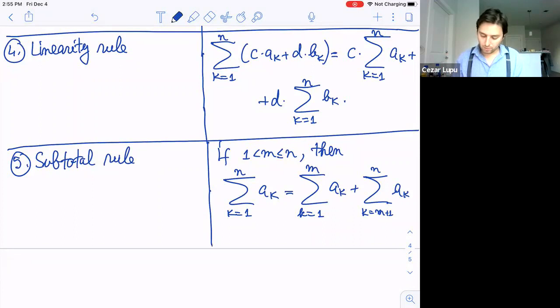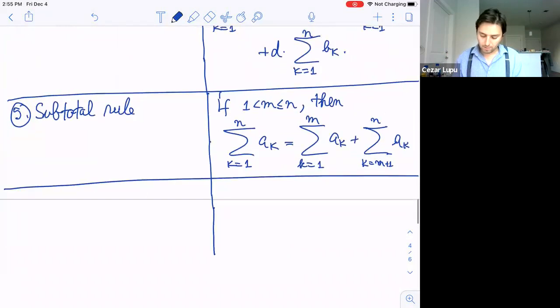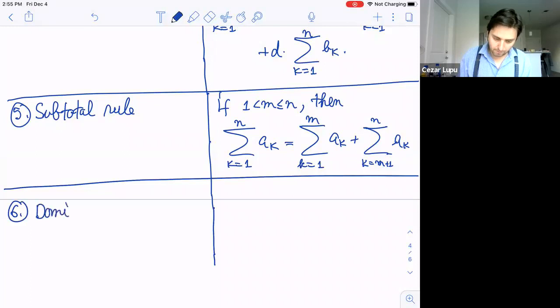And the last one is what we call the dominance rule. So 6, this is the dominance rule. And this is important as well.